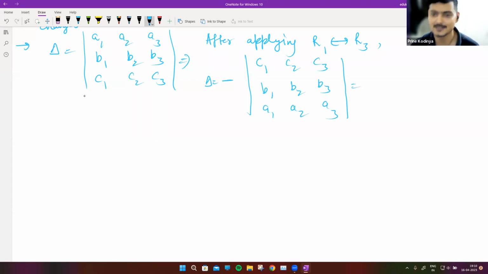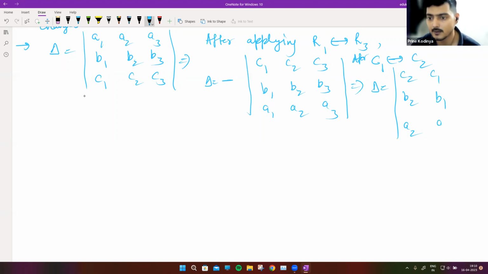Let's say I interchange column 1 with column 2. I'm applying one more interchange, so one more negative sign will come and it will become positive, and this would be C2, C1, C3 in the first row, B2, B1, B3, and A2, A1, A3.